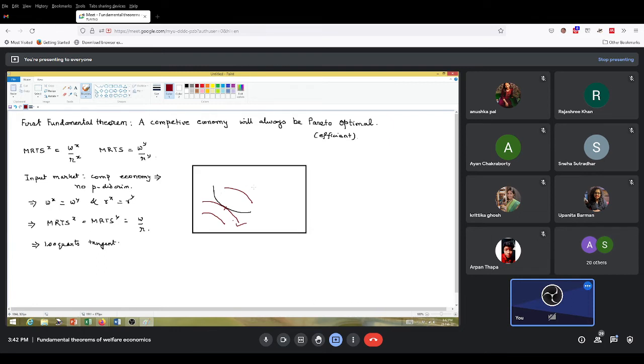Now obviously what I think someone will ask is that the obvious strategy of Y will be to choose an isocost like this, so that X has to be over here. So X will try to move like this, Y will try to move like this.